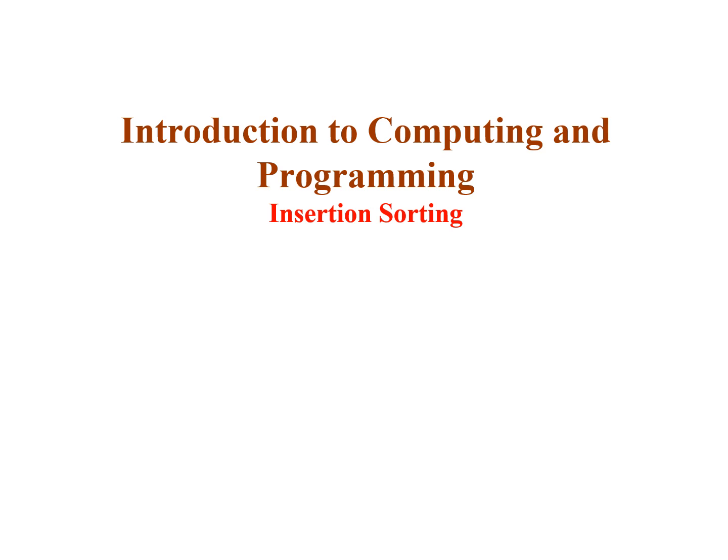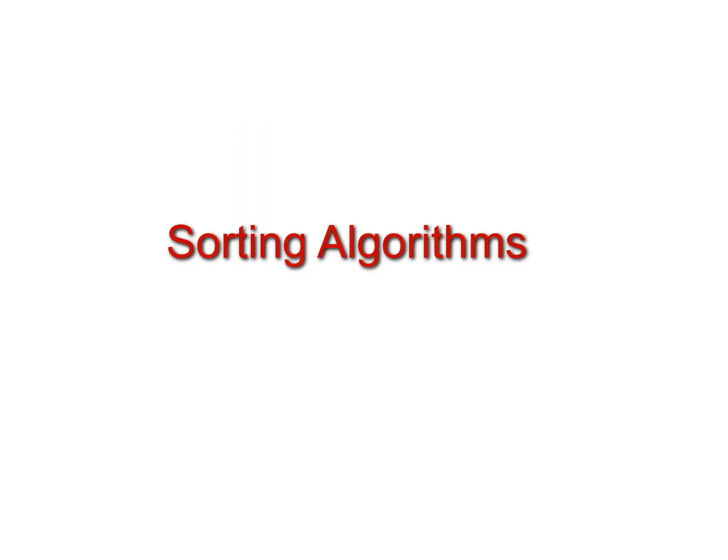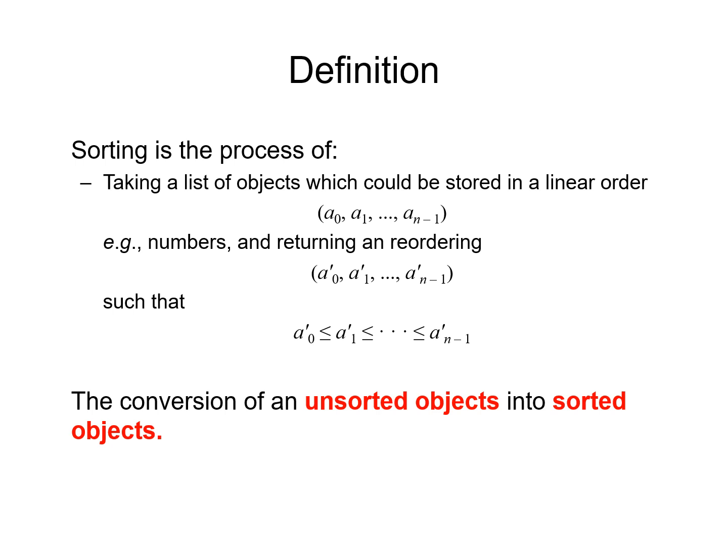So, for a sorting algorithm, if you see the definition, you take a list of objects that can be stored in a linear order.